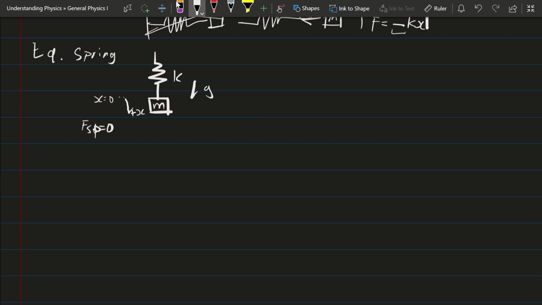And so, if we actually try to check this out, we would have an object here. So yeah, this will be the free body diagram for the mass. This will have a tension force, or sometimes I call it the F of spring. And then going down, there should be weight. And then I define the axis to go down. This is x positive.